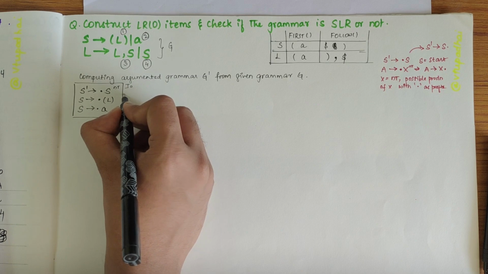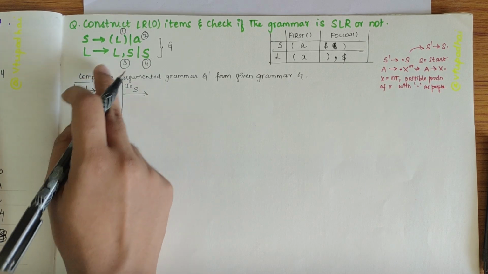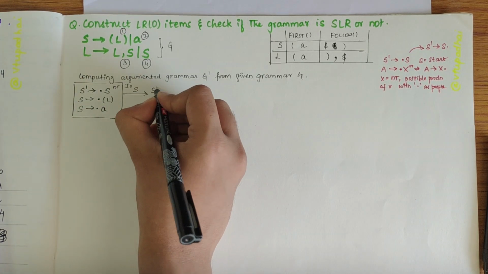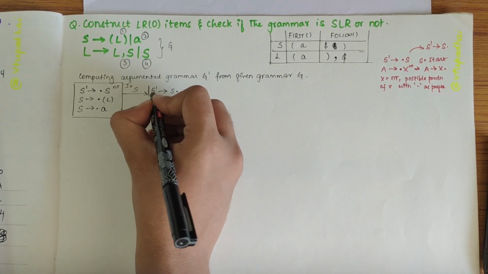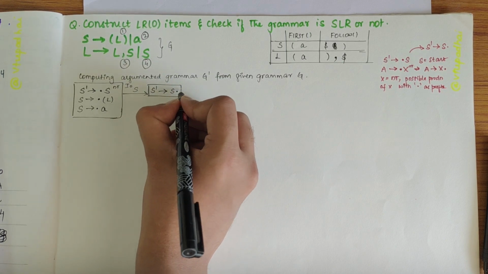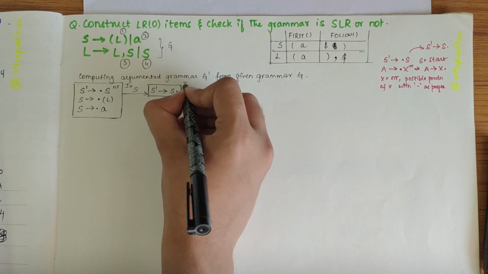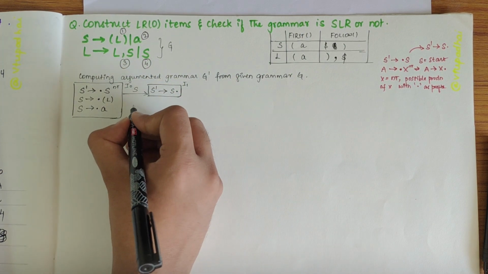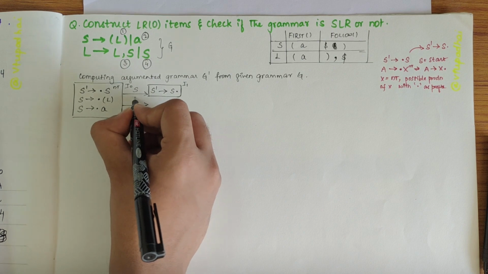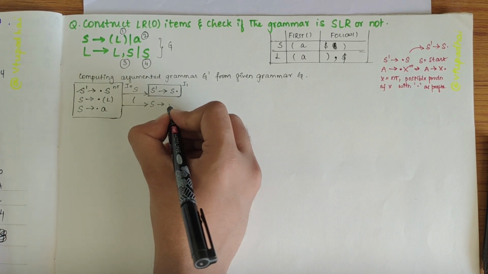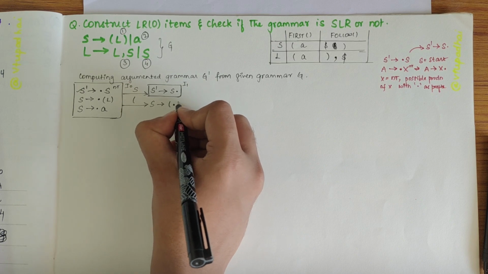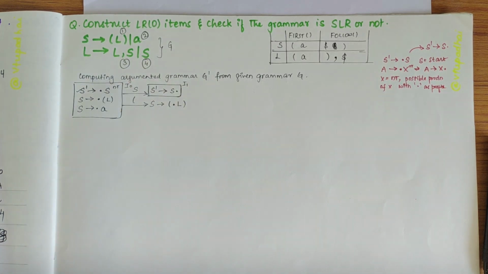Next, over S, this dot can be shifted, right? So I'll write S dash derives S dot. The dot is shifted here. This is item I1. Over open bracket I can shift this dot, so it will be S derives open bracket dot L and close bracket.